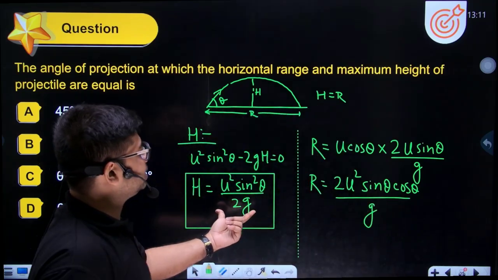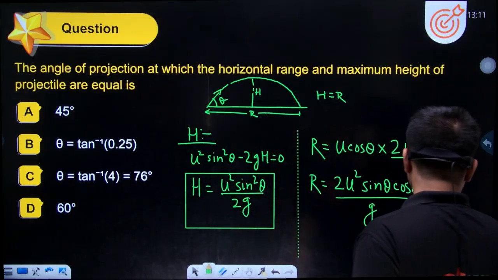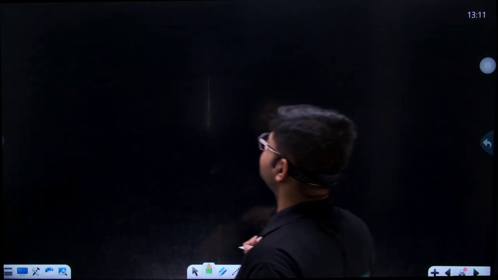So now you equate these two. u square sin square theta by 2g, h is equal to r.